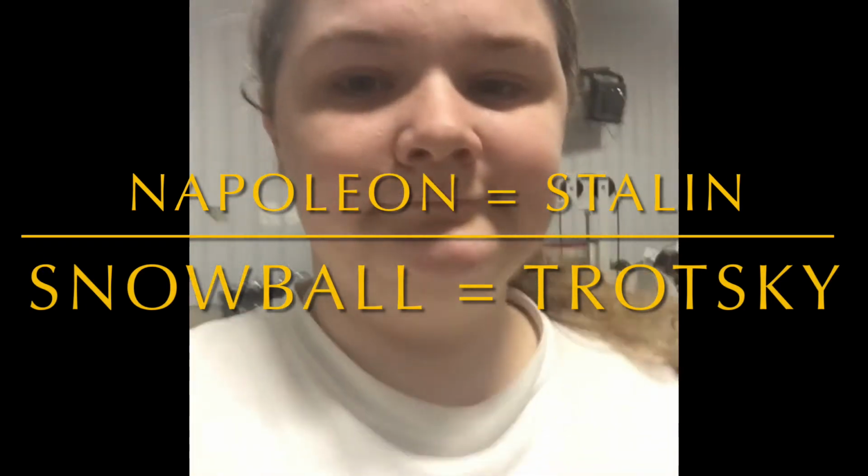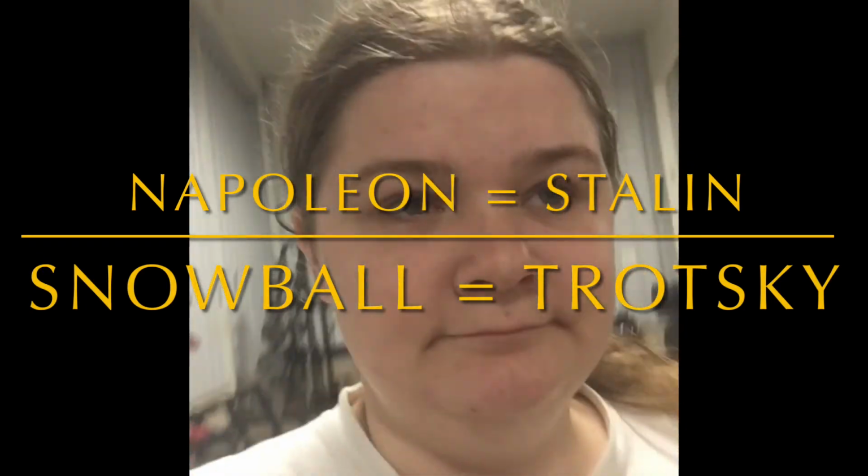Luckily, though, the animals are all able to keep Old Major's dream alive and eventually do succeed in rebelling against Jones and taking over the farm, led by 3 pigs named Napoleon, Snowball, and Squealer. Going on with the Russian Revolution allegory, Napoleon represents Joseph Stalin, and Snowball represents Leon Trotsky. And then all the other animals represent the population of Russia post-revolution.